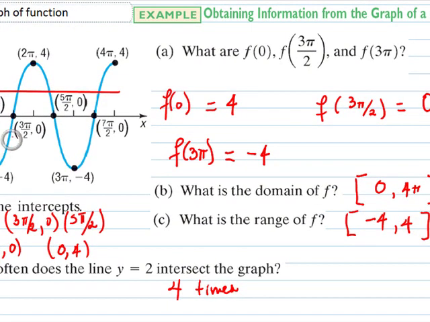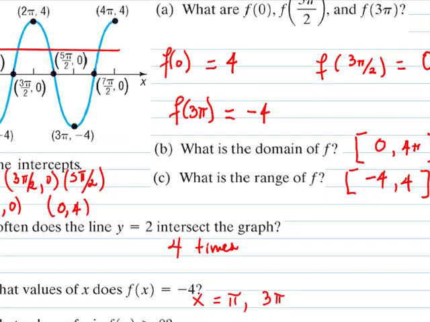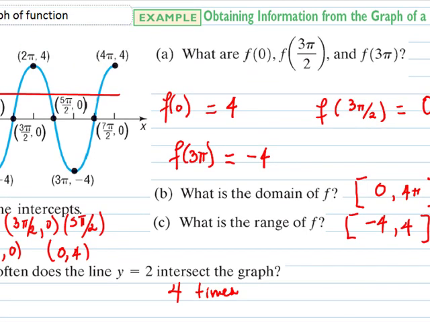Everything below the axis is less than 0. So y less than 0 is below, above is greater. We want to know what values of x make our y greater than 0.